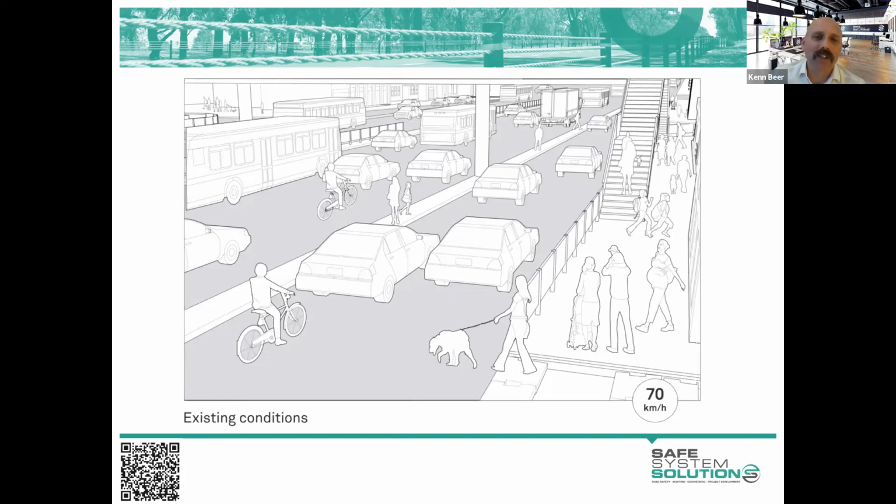Adding cycle lanes certainly is something that would align highly with safe system principles, or ideally separated cycle facilities within the large road carriageway space you have, because you're then going to make less conflict points with passenger vehicles.